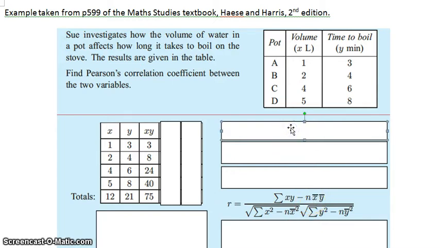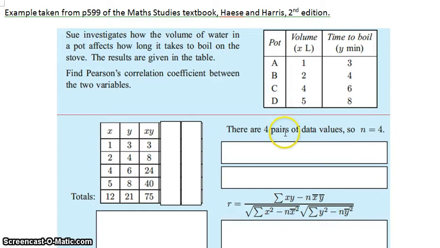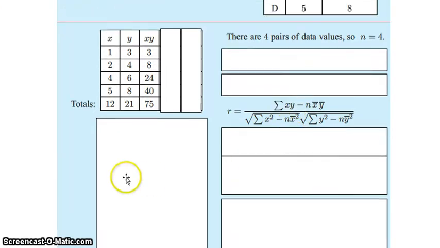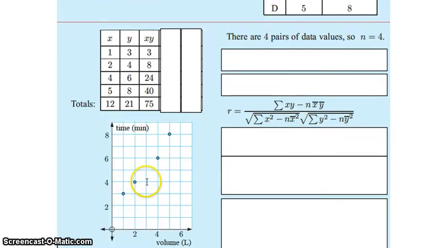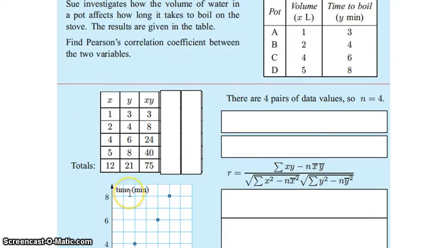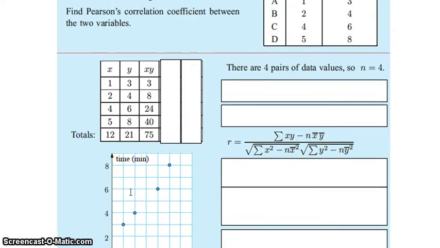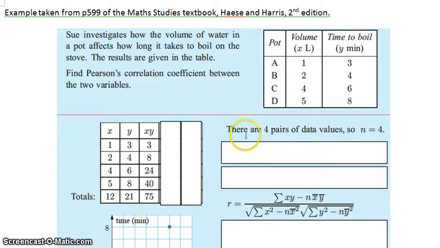Now your next lot is you need to know n. Well, n is not 8, there's actually only 4. If you were to plot these, and there is a graph down here, you'd only get 4 points. There's 8 numbers there, but there's 4 pairs. So n is 4. We now need x bar, and we've seen x bar before, it means the mean of x.